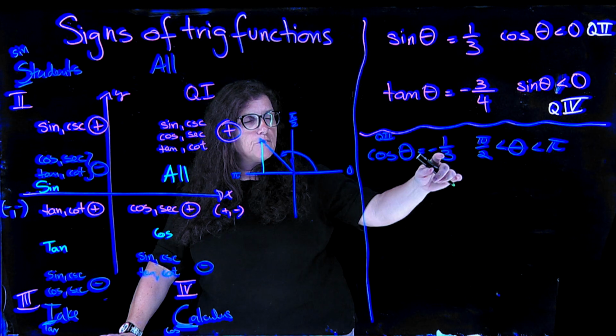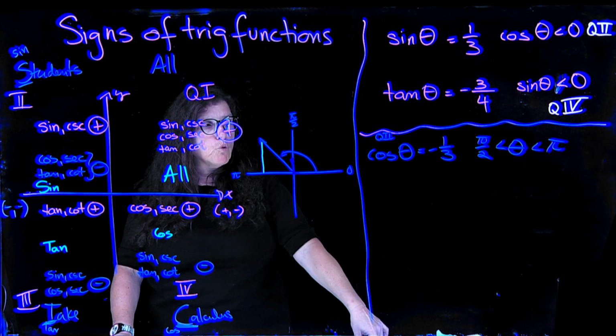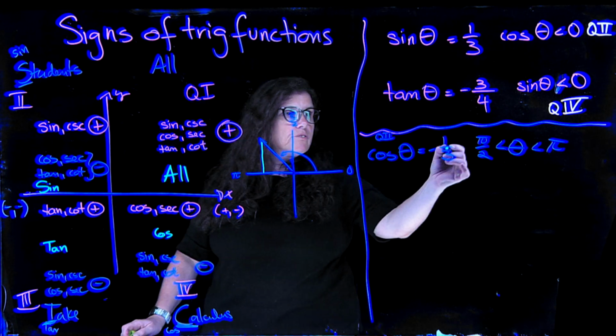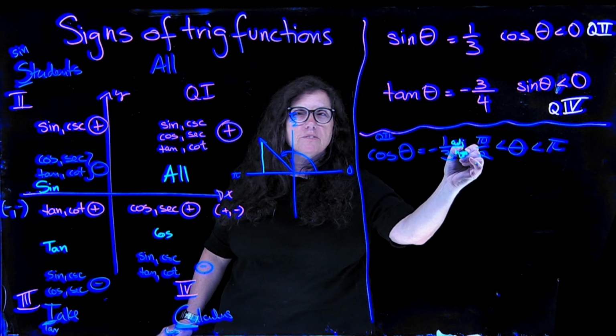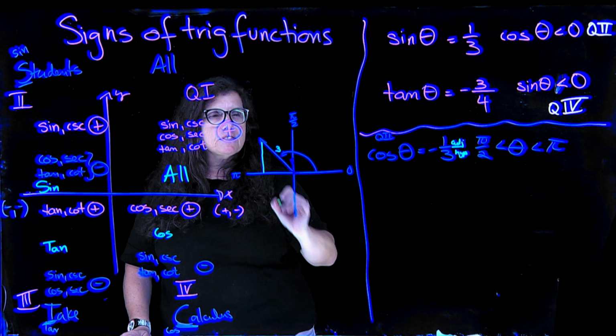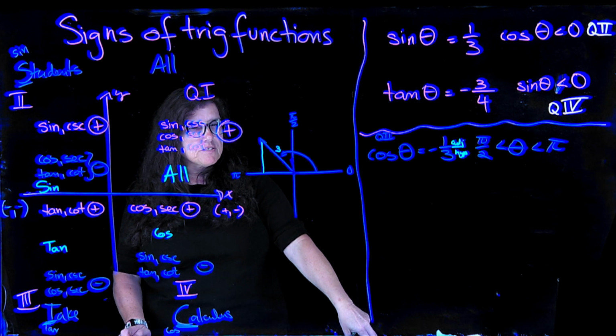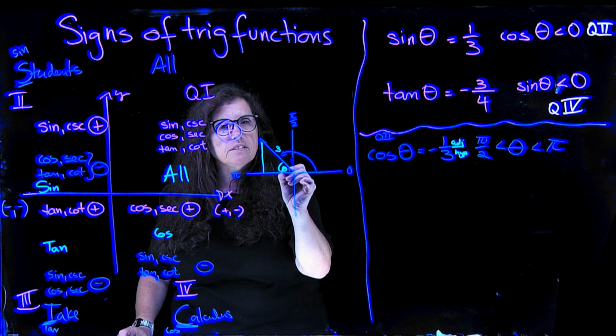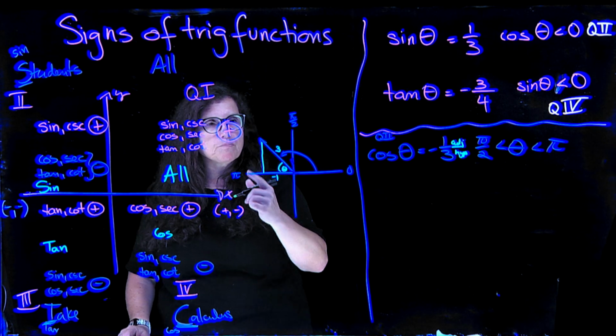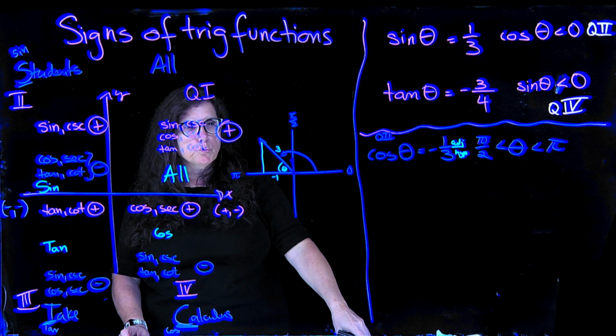Now we have a negative 1/3. So adjacent over hypotenuse. So this side is the hypotenuse, this is 3, and the adjacent to this angle here is -1, which makes sense because we are in Q2.